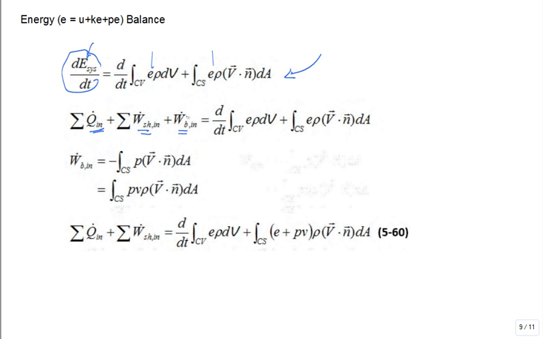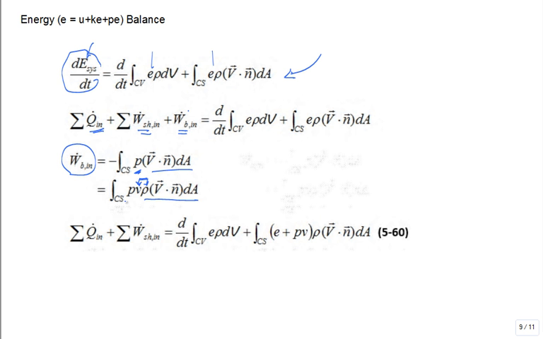That boundary work is a little tricky, but it's P dV. But this is the flow. I'm describing it for a control system. So the V times P rho is just unity, but we like to put the rho there so that we can get the PV term in the surface integral.